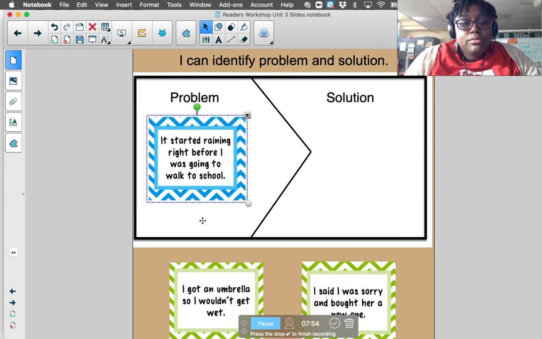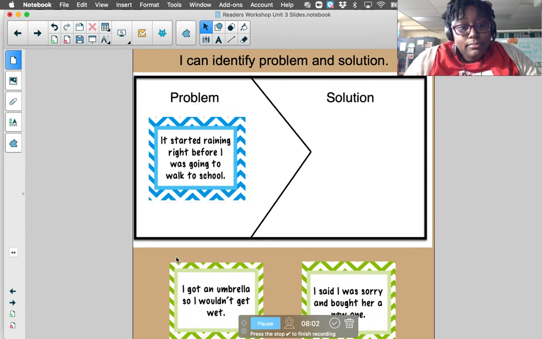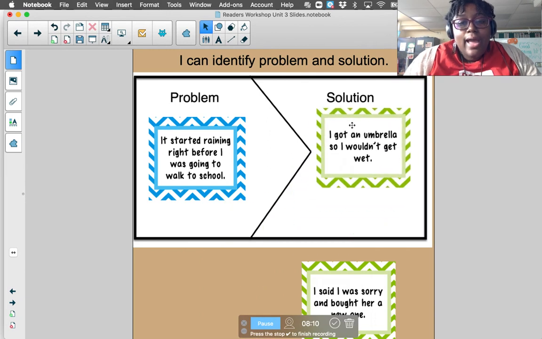So here's a problem. It says, it started raining right before I was going to walk to school. That's a problem. They don't want to get wet. What would the solution be? Let's look at these solutions. I got an umbrella so I wouldn't get wet.